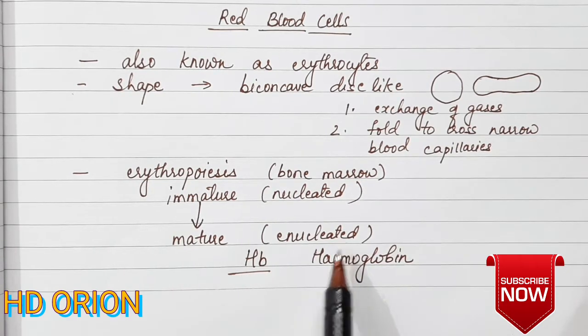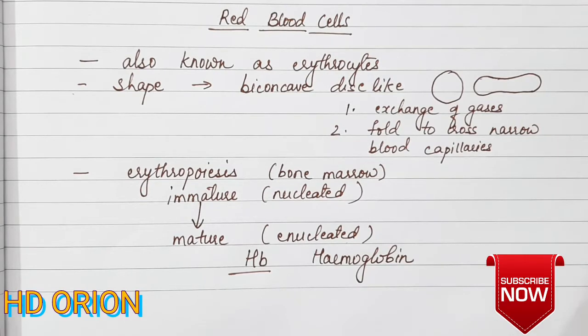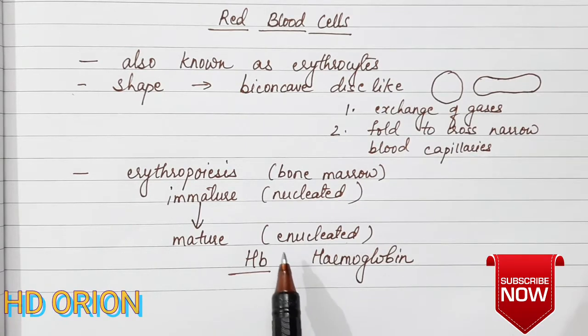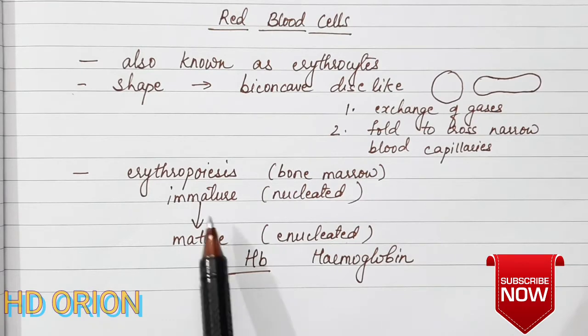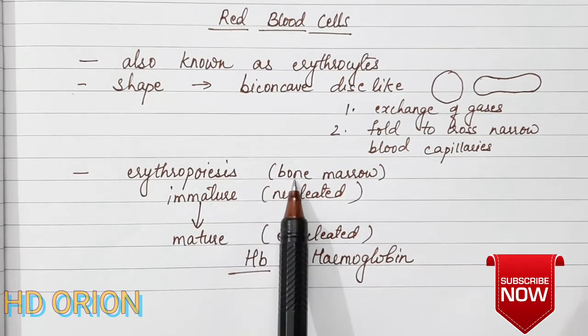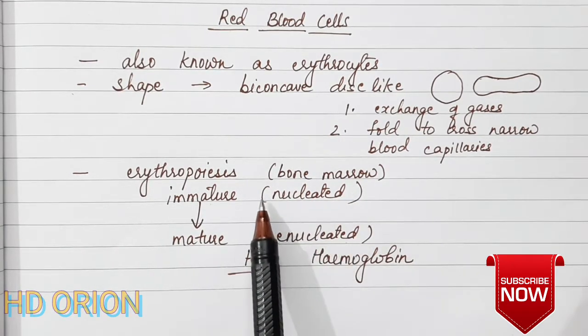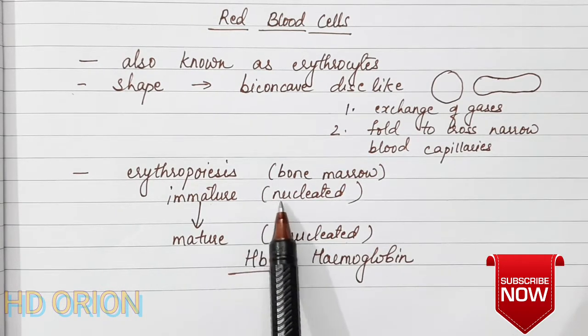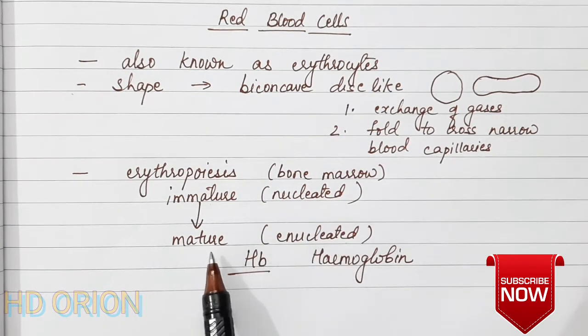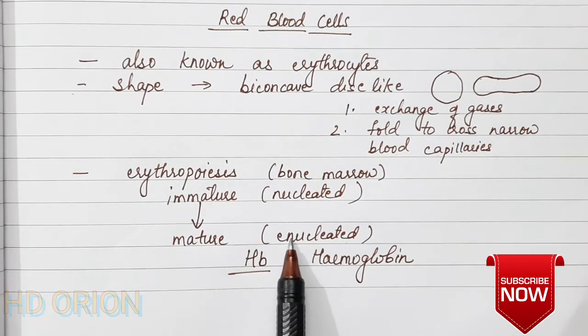All the other lower vertebrates like birds and reptiles do have the nucleated RBCs, but in mammals all the RBCs are enucleated when they get mature, but when they are immature, or they are in the bone marrow, or when they are present in fetal conditions, then inside the fetus the RBCs are nucleated. So the mature RBCs are enucleated.